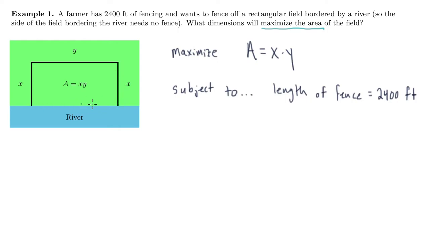Now this is where it's significant that I don't have the fourth side. So in other words, whatever x is and whatever y is, it better be the case that 2 times x, so x plus x, those two sides, plus y, so plus this side, equals 2,400. Okay, so this is my constraint equation right here.